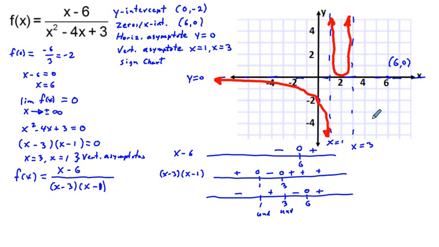That's that piece there. Between 3 and 6, we have negative, so we have negative all the way to x equals 6. And then we're positive, but then we have our horizontal asymptote, so we're going to come down toward the x-axis. So that's it. That's our graph.